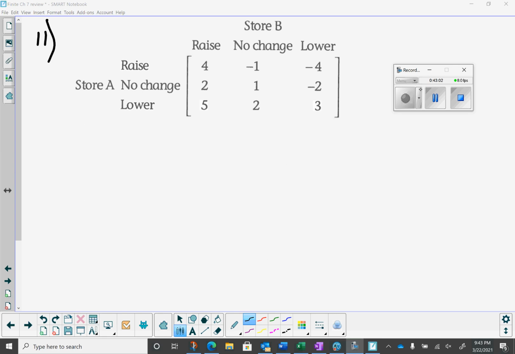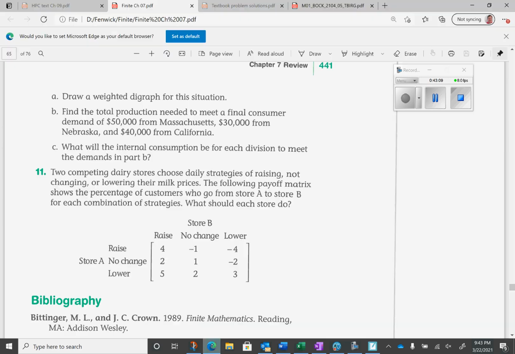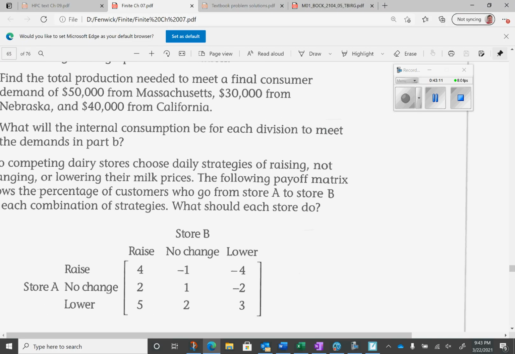I think the way that it's written there in the book is poorly phrased because basically it's the reverse of what these numbers are showing.